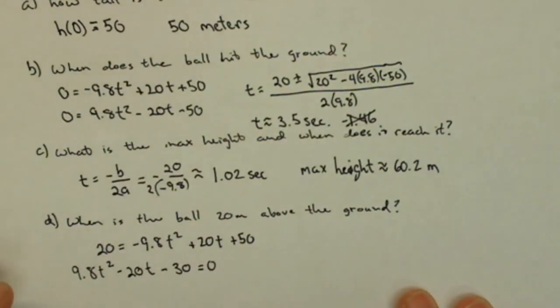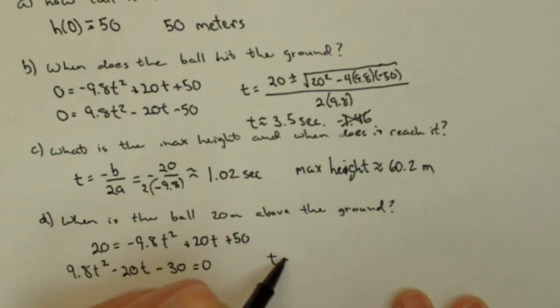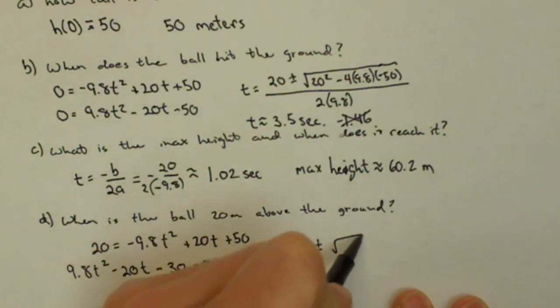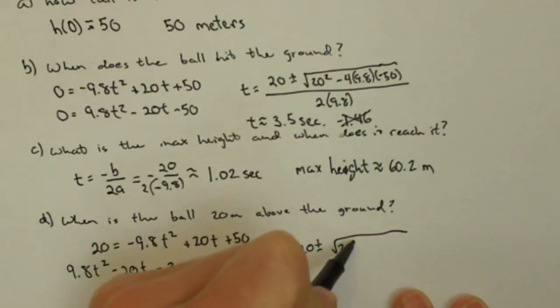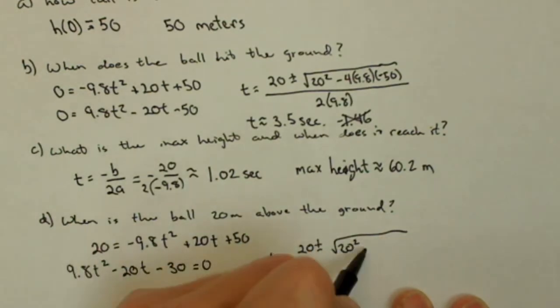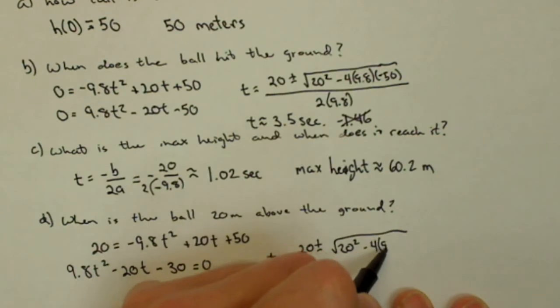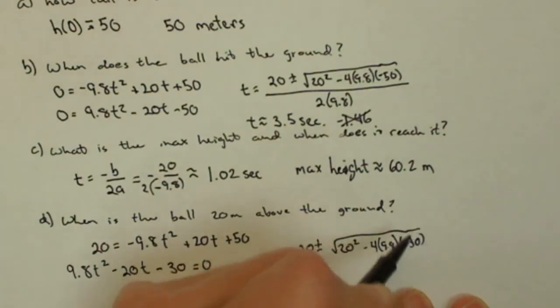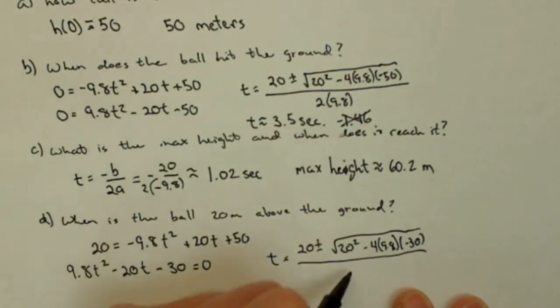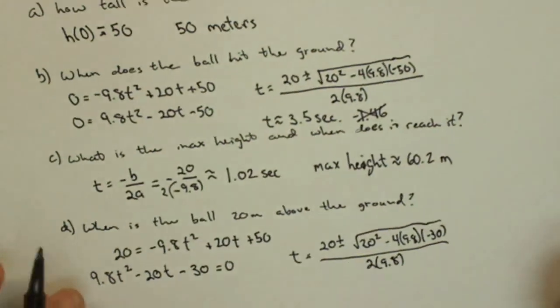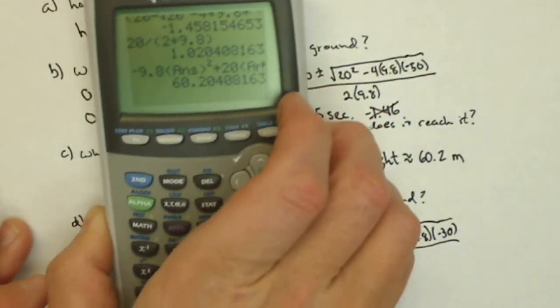So once again, I'm going to use my quadratic formula. So t equals 20 plus or minus the square root of 20 squared minus 4 times 9.8 times negative 30, over 2 times 9.8. It's very similar to the one we did just a little bit ago. In fact, so similar that I'm going to use that one.